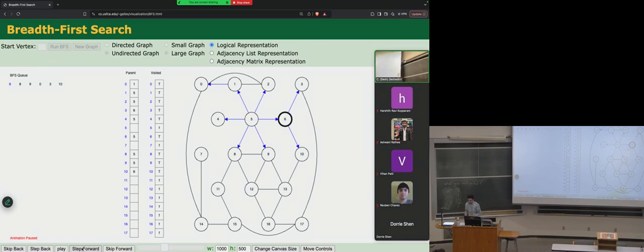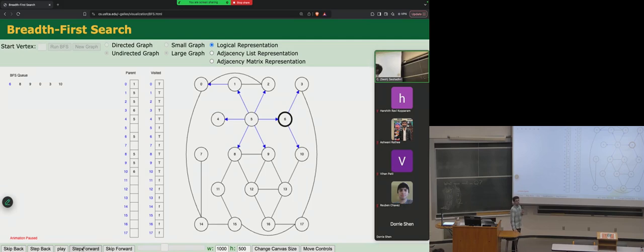Okay, but now I'm going to ask you a more... does this make sense? Okay, so what are the distances of everyone in the queue? What is the distance of 6? Remember, 5 is the source.